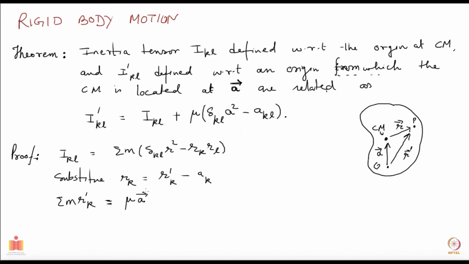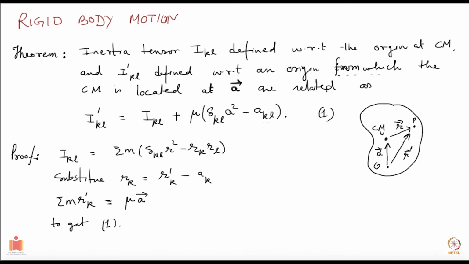Total mass times the location of your center of mass. So this is all you need to use, and you will arrive at your theorem, which is given in equation 1. Please do that exercise and prove for yourself this relation.